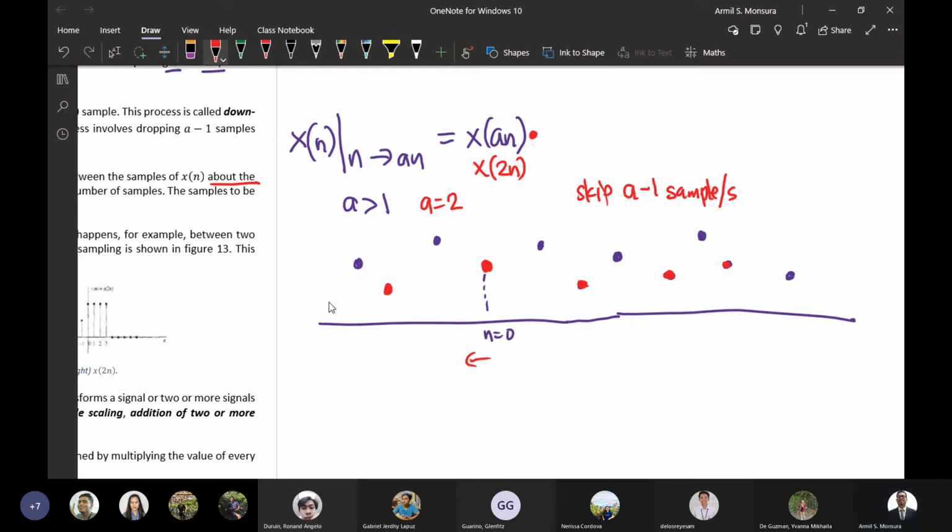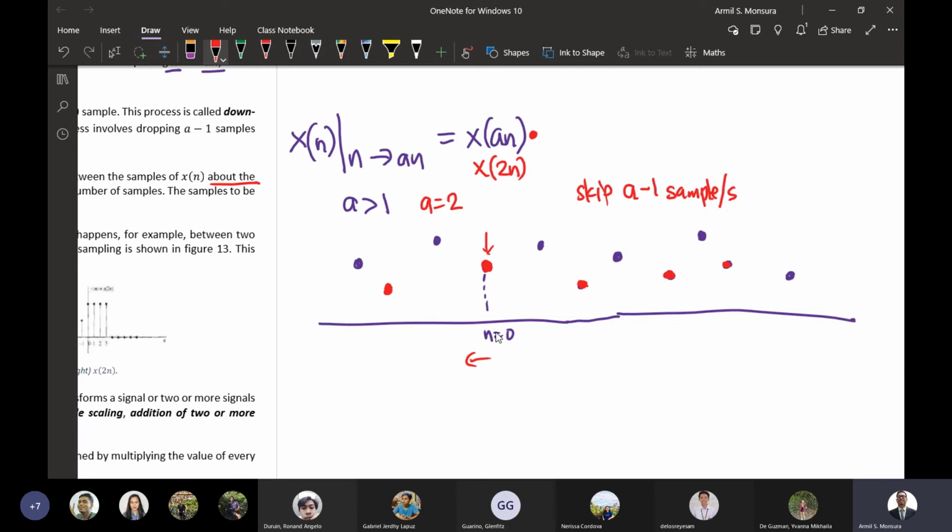Pero syempre, hindi ganun yung actual process nun. Kasi syempre, sequential yung pagpa-process niya ng signal. Okay? So, may mga gagawin siyang set of operations bago niya gawin itong eksaktong operation na to, just to determine kung ano yung mga kukunin niyang samples na ito yung magiging reference niya.